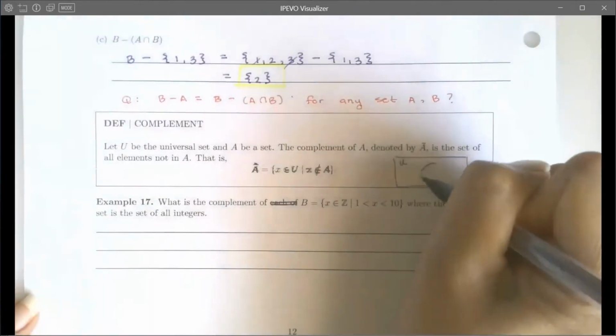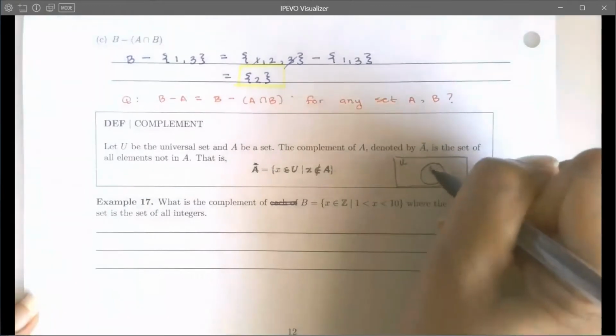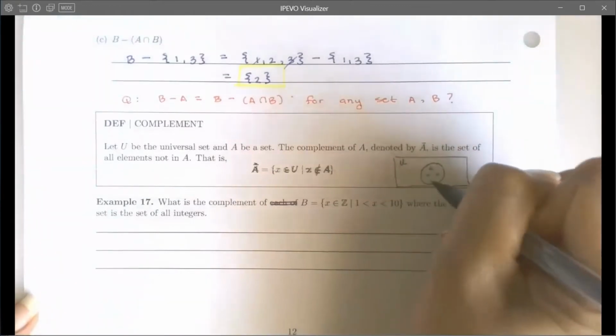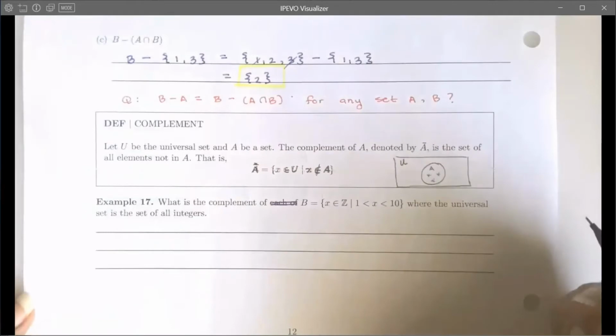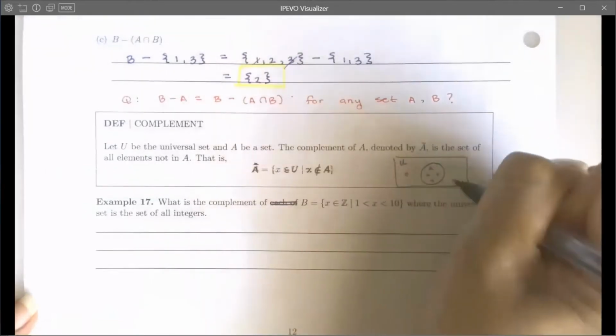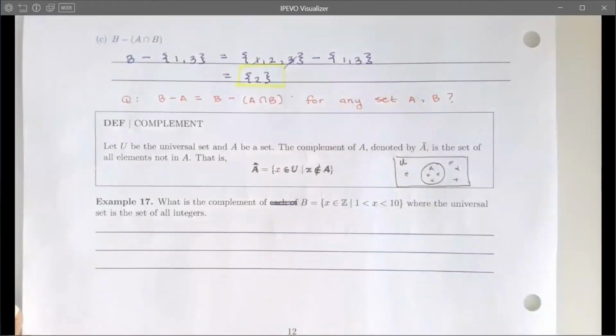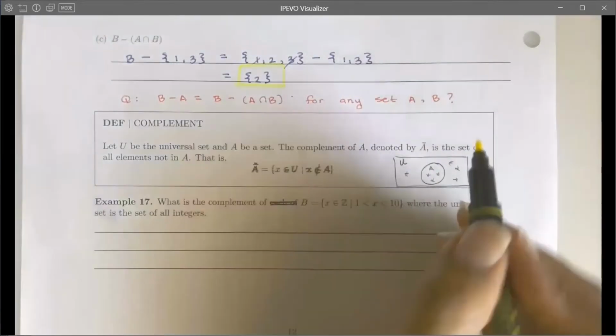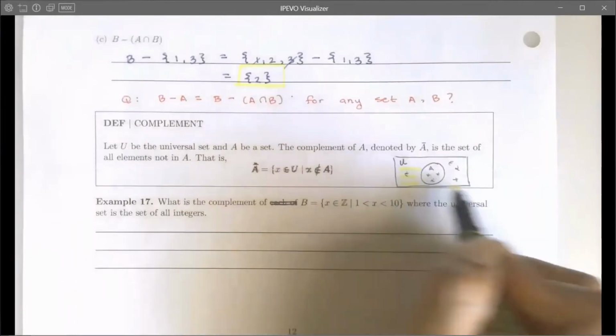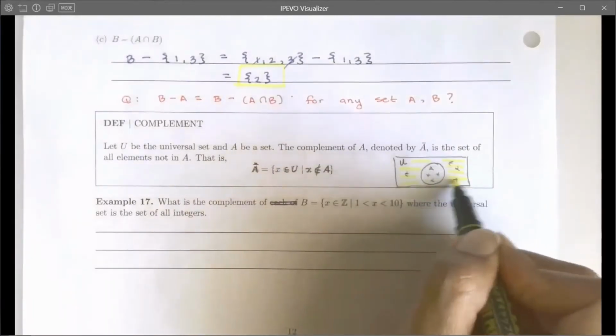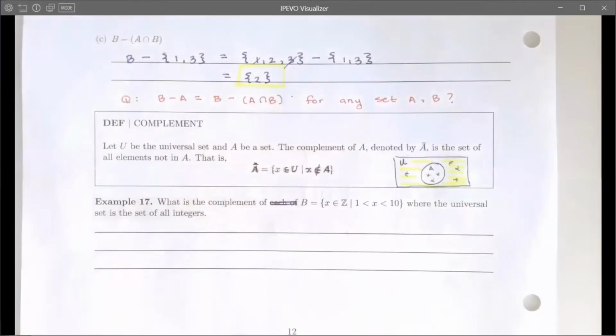And then let's say that set A is here, it encompasses certain elements of that universal set, but there are some outside of A that are clearly not part of A. Well, the complement of A would be everything in the shaded region outside of the set A.